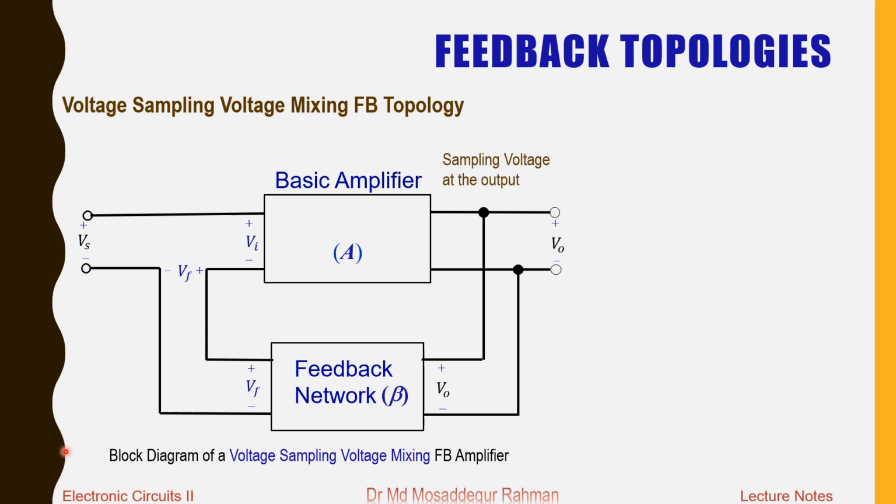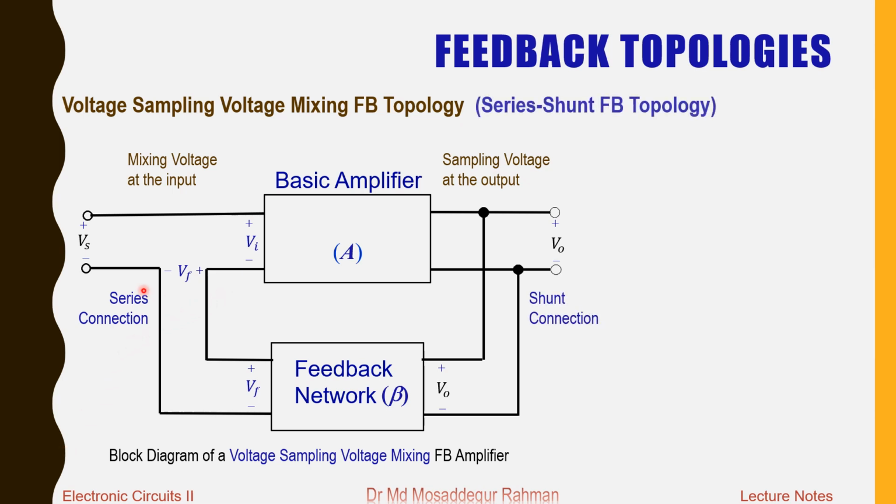So the sampling of voltage at the output side is done by applying the shunt connection, and the mixing of the voltage at the input side is achieved by having this series connection at the input side. So this type of feedback is also known as the series shunt feedback topology.